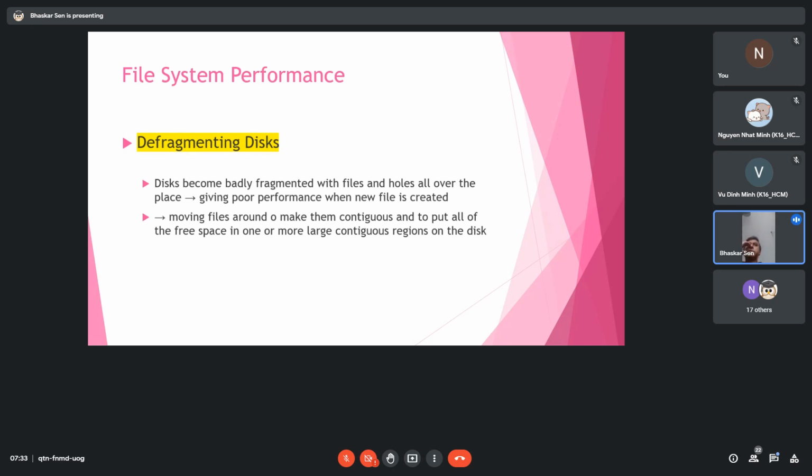Defragmenting disks, as I was talking about, was something that was very common.